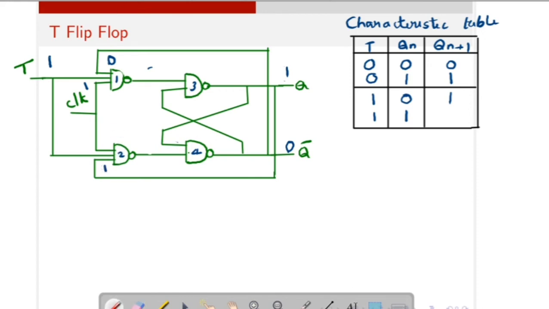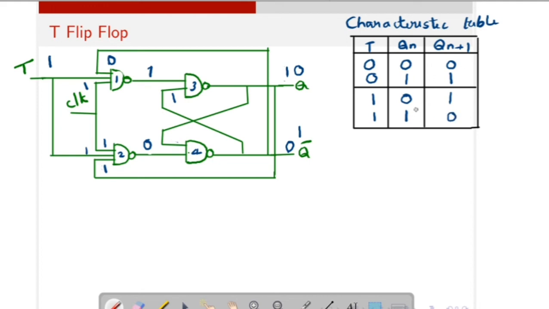Okay, so for the first NAND gate one of the input is 0 means output is equal to 1. Here all the inputs are 1, then output is equal to 0. So for the fourth NAND gate one of the input is 0 means output is equal to 1, and third NAND gate both the inputs are 1, output is equal to 0. That means when T is equal to 1 and Qn is equal to 1, output is 0.